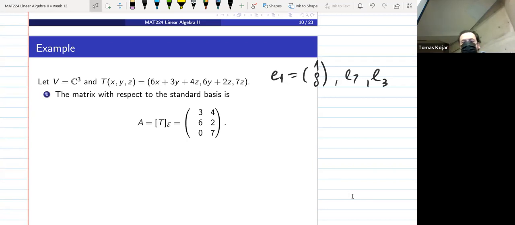Right. So can someone tell me, maybe Zoom people or here, what should I put in the first column? Which vector? Not the numbers, just which vector am I computing? The coordinates of which vector?